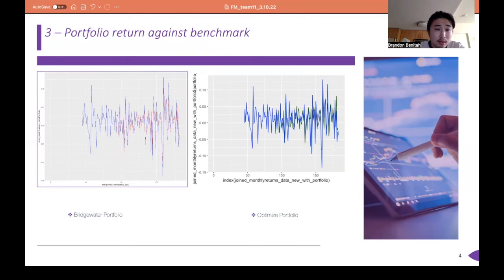The left side is the original portfolio, and then the right side is the optimized portfolio. But both of them have almost the same volatility and returns. So it's not a change to be based on because of the optimizing.